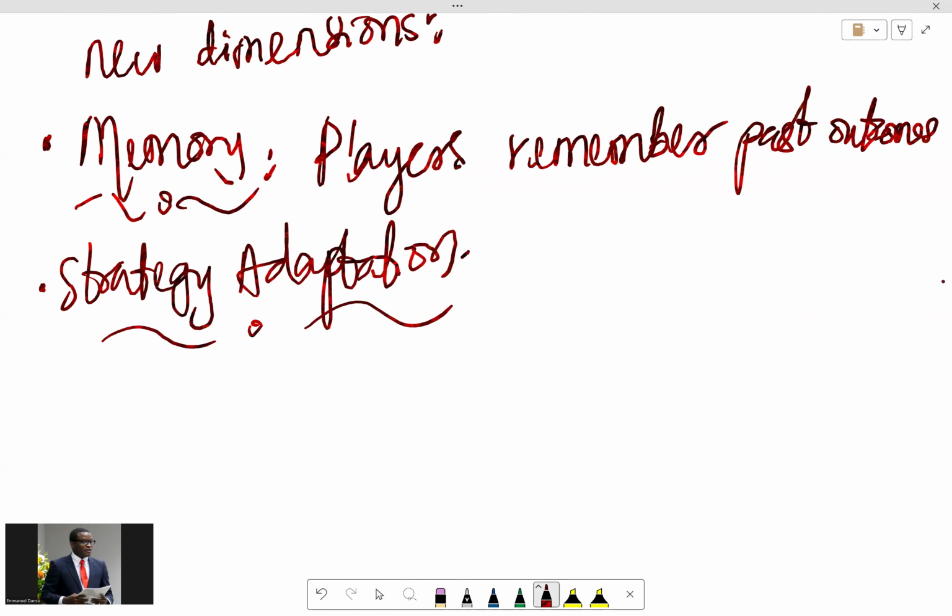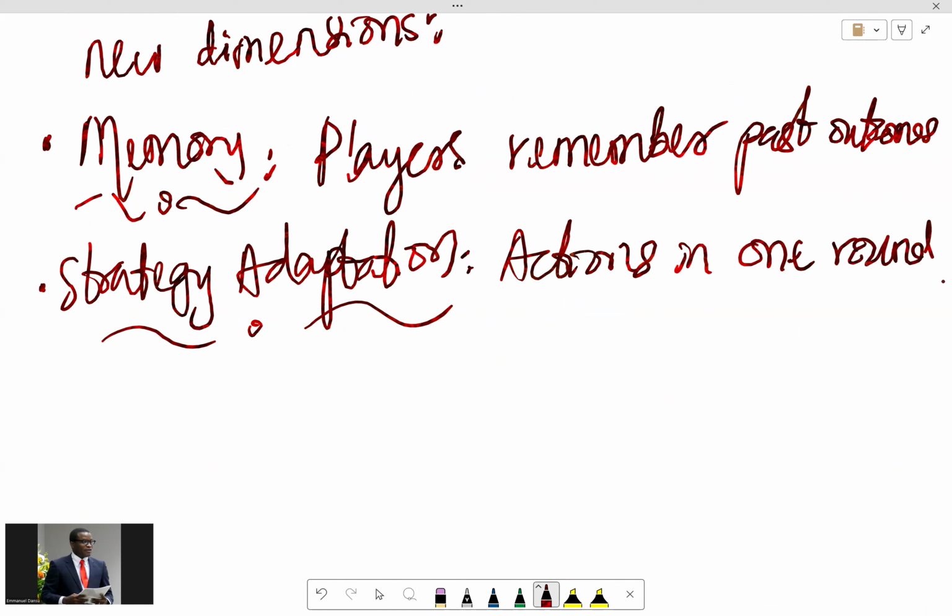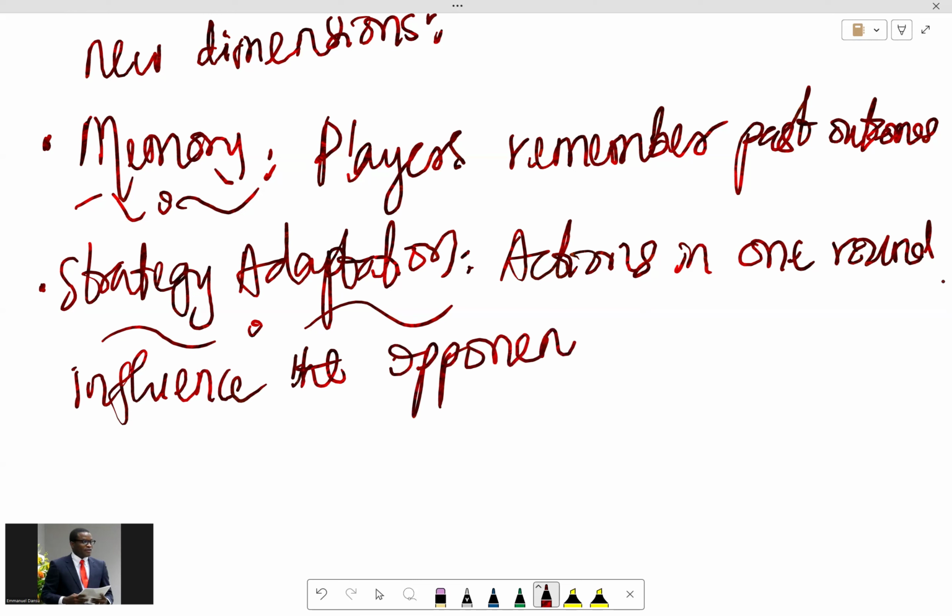So here you see that actions in one round influence the opponent's behavior in the next.